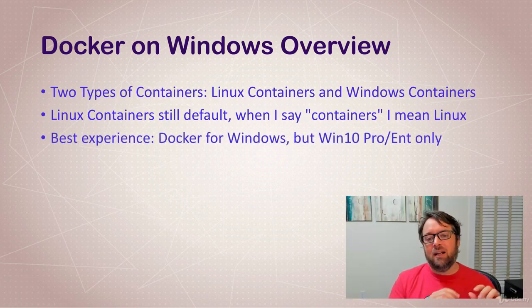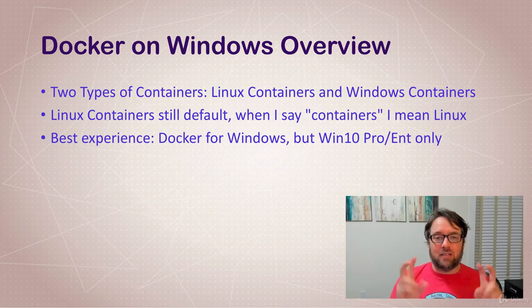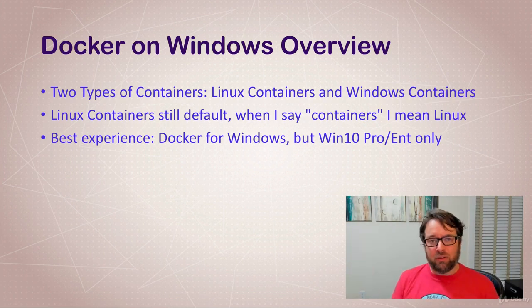Okay? And the best version of Docker on Windows is Docker for Windows. That's actually an edition of Docker, and it's got a whole install that we'll see in a moment, and it's really great on Windows 10. It only works on Pro and Enterprise, unfortunately. If you have the home version of Windows 10 or an older version of Windows, it's not going to work.